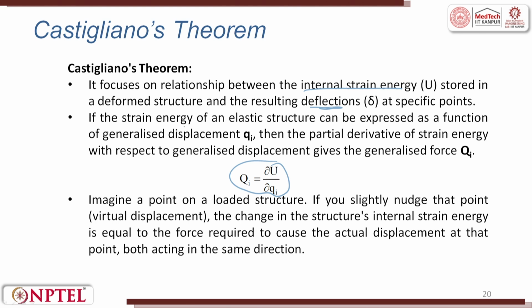If the strain energy of an elastic structure can be expressed as a function of generalized displacement Qi, then the partial derivative of the strain energy U, okay, with respect to the generalized displacement gives the generalized force Qi.